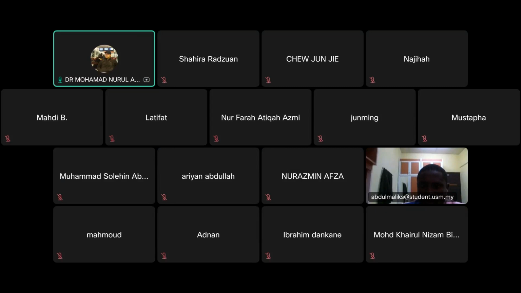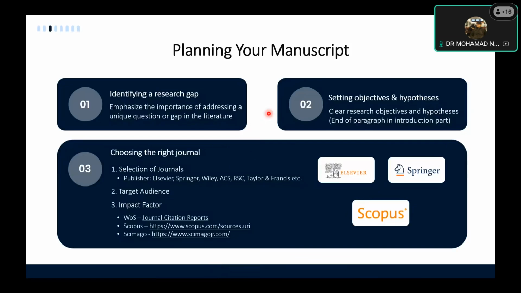So how can we choose the right journal? The first one, of course, is to look at the common publishers, which are Elsevier, Springer, Wiley, ACS, American Chemical Society, RSC, Royal Society of Chemistry, Taylor and Francis, and so on.